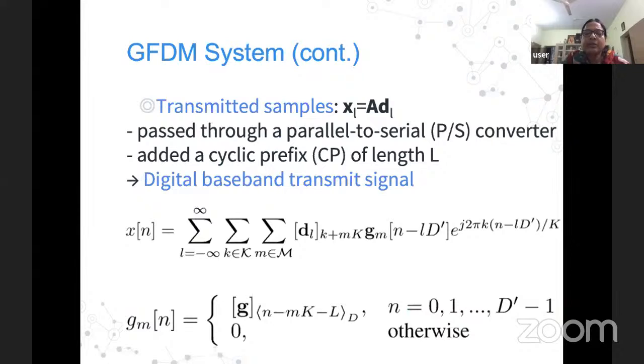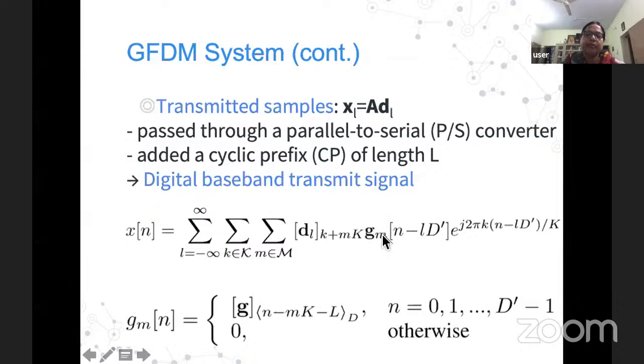So finally, the digital baseband signal looks similar to the IFFT here, with e to the power j 2 pi k n by capital K. This is your IFFT block. Earlier, just a data symbol was added to this IFFT. Now in this case, we are adding a data symbol convolved with your filter bank.